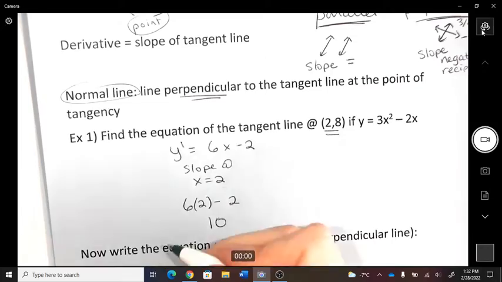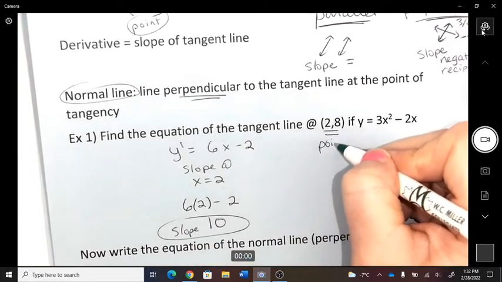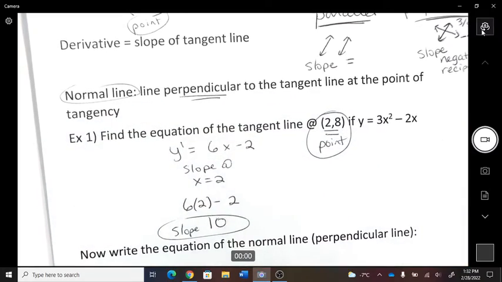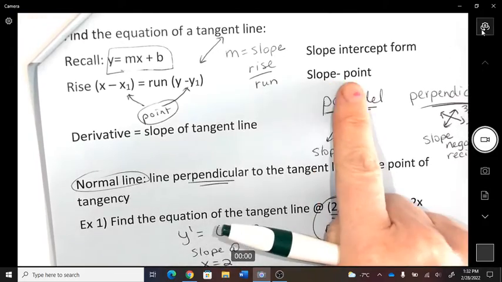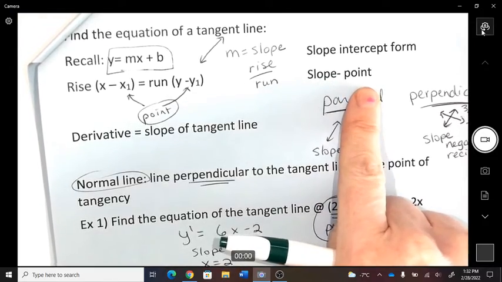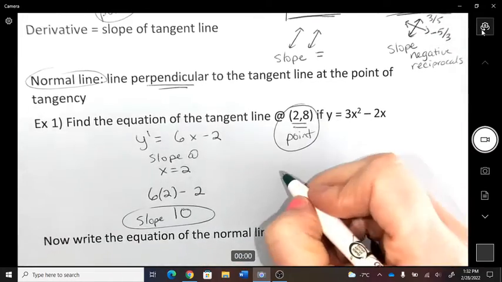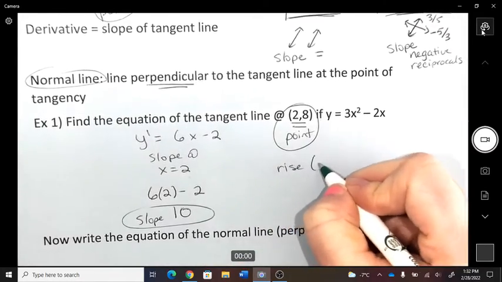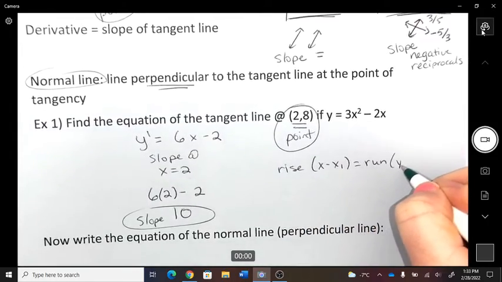Okay, so we have the slope and we have a point. So, are you okay if I pick this format, slope-point, because I have a slope and I have a point? Okay, so you don't need to write this, I'll just do this for filling it in. How do you fill in?